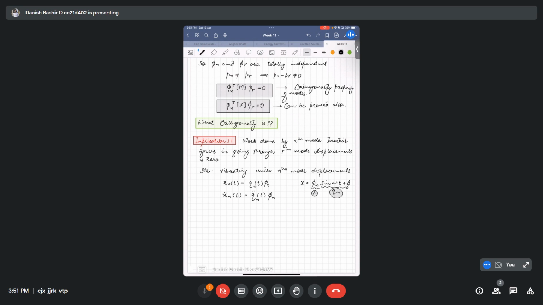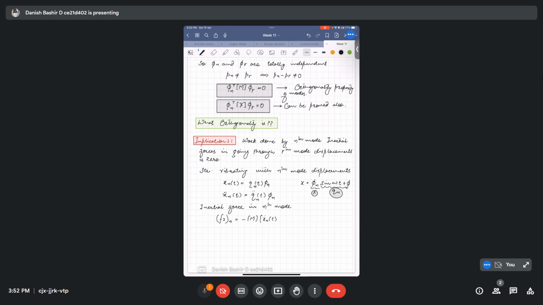So the inertial force in the nth mode then will be, we know that inertial force is given by m x double dot and it is opposite to the motion of the vibrating structure. So it will be negative times the mass matrix times the acceleration vector of the system, x double dot n of t.